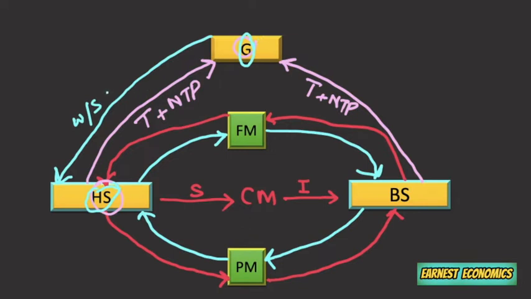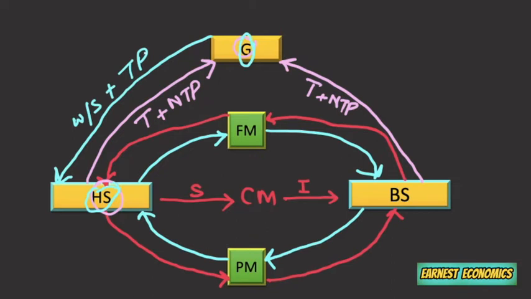One more source of income for the household sector from the government sector, that is, when money flows from the government sector to the household sector, is when the government is making transfer payments. Now transfer payments are unilateral payments from the government towards some people in the household sector, for example, senior citizens, or old age people, or unemployed youth, or widows.